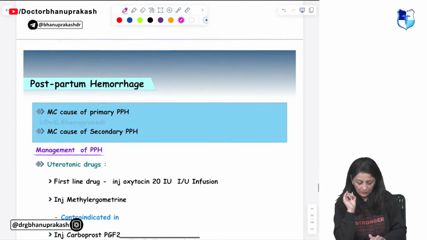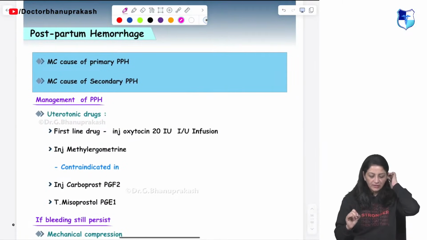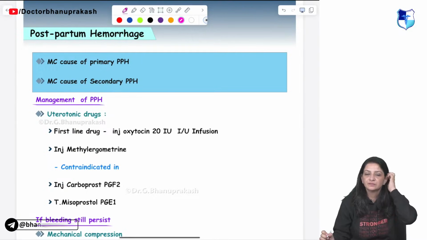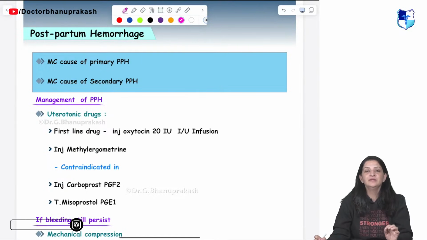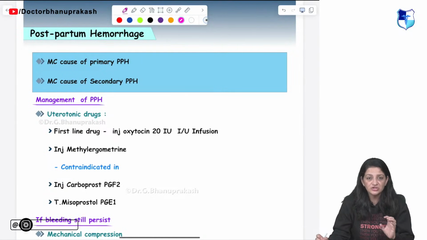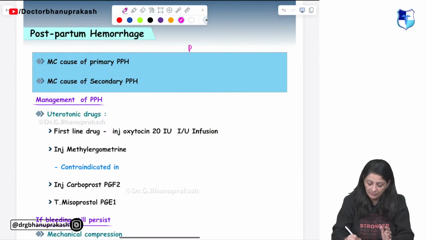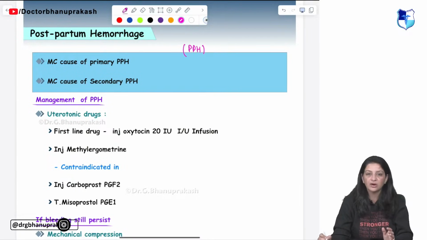Okay. Now, next topic is postpartum hemorrhage. Postpartum hemorrhage means any bleeding from the genital tract of the female after the birth of the baby is called PPH. There are 2 types of PPH, primary and secondary.